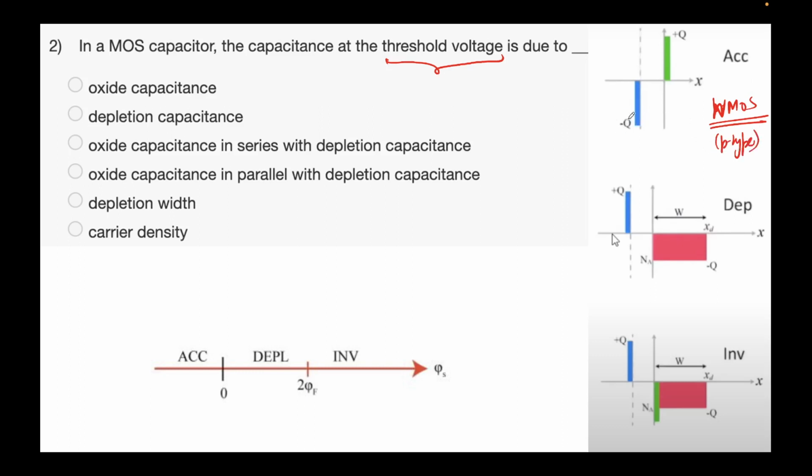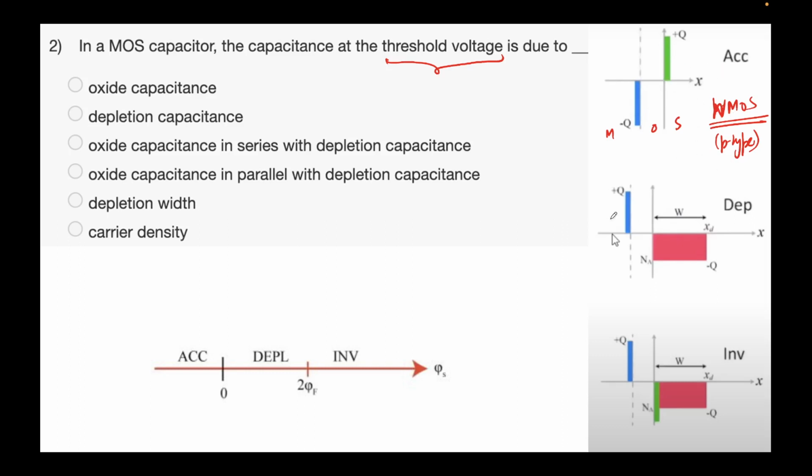If I apply a negative potential on the metal, so left is your metal, this is your oxide, this is your semiconductor, there are a lot of holes here in the P type. They'll get attracted to this interface. They cannot pass the oxide. Remember, it's a perfect oxide. It's an insulator. They can only come up to here, and you can see they are accumulating here. So this is an NMOS in accumulation.